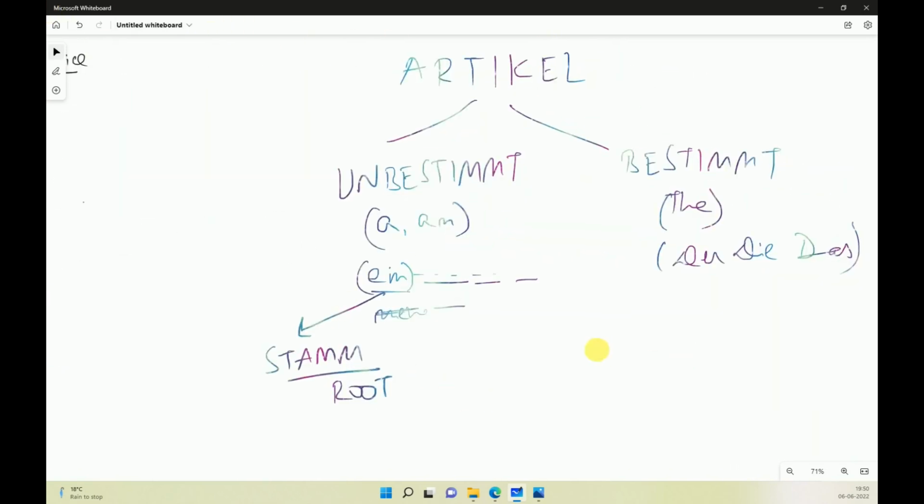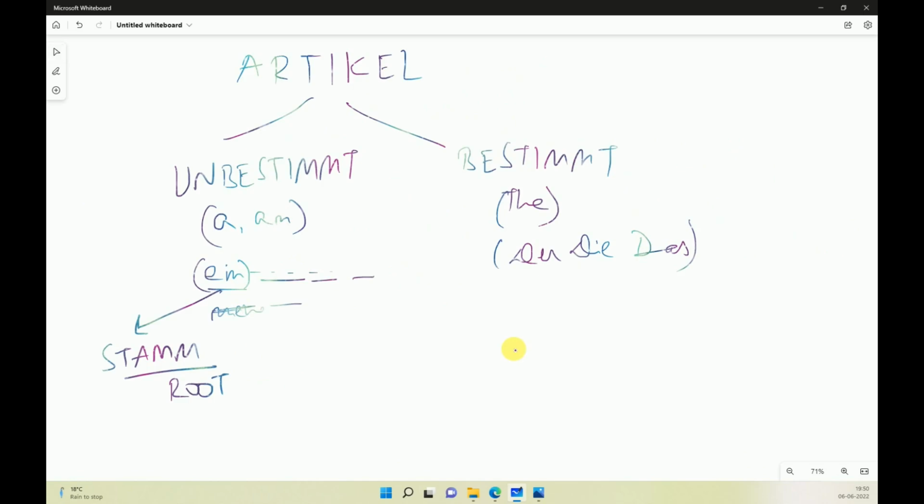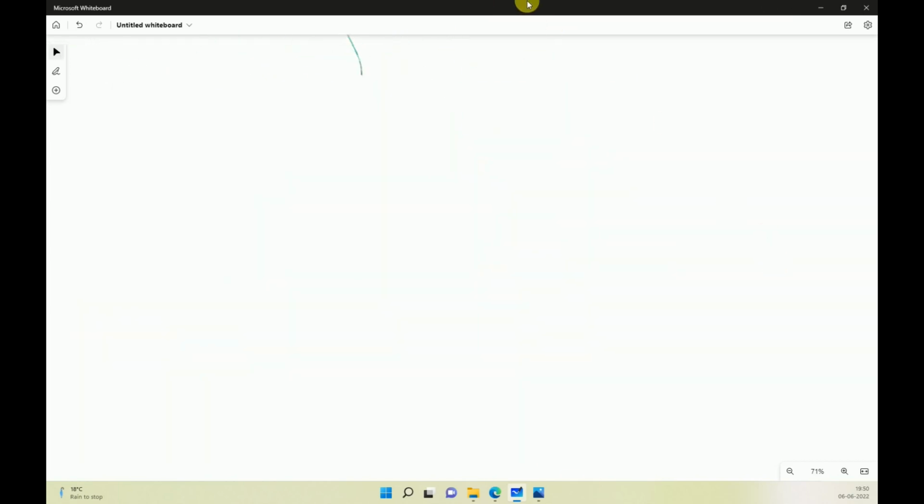Bestimmt und unbestimmt: bestimmt means fixed, unbestimmt is variable, or not fixed. Let's say I have to say, give me a fixed time.